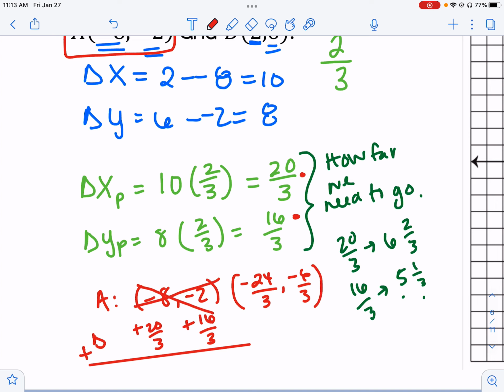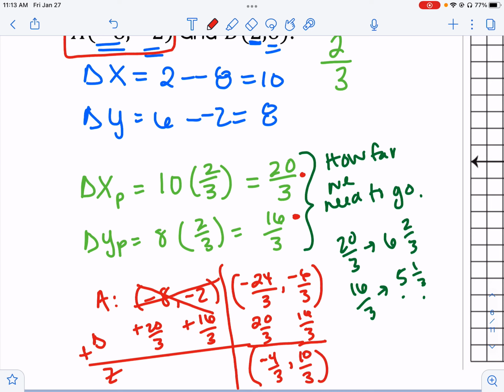And I'm going to move my change over so they're still lined up for me. And now I can go ahead and add negative 24 and 20, which is negative 4 over that common denominator of 3. And negative 6 and 16 is 10 over that denominator of 3. So my original point plus the actual change, the distance I want to go, gives me my final point.